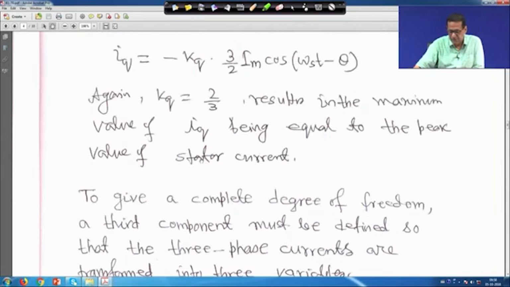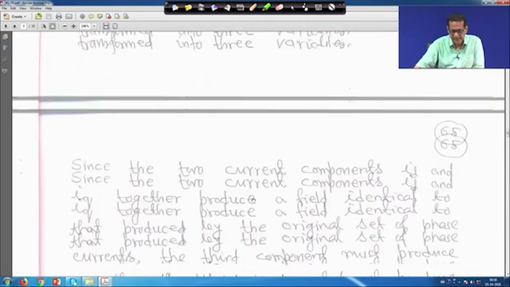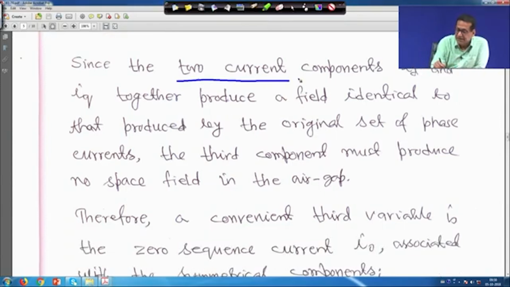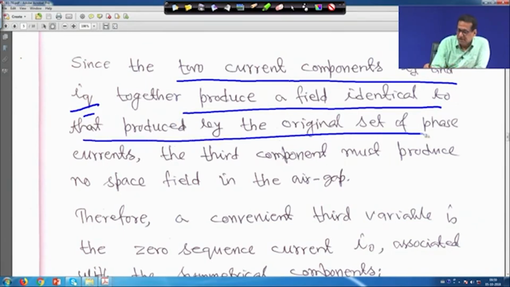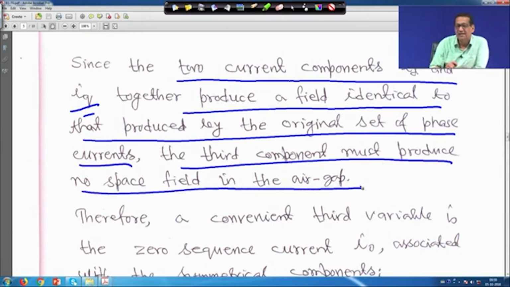To give a complete degree of freedom, a third component must be defined so that the three phase currents are transformed into three variables. Since the two current components id and iq together produce a field identical to that produced by the original set of phase currents, the third component must produce no space field in the air gap.